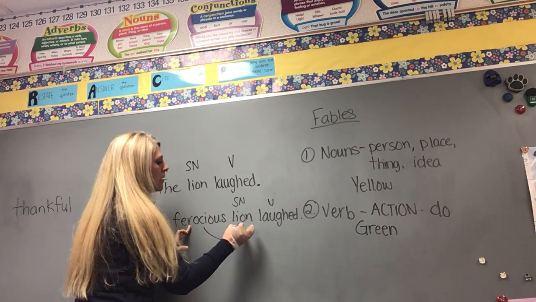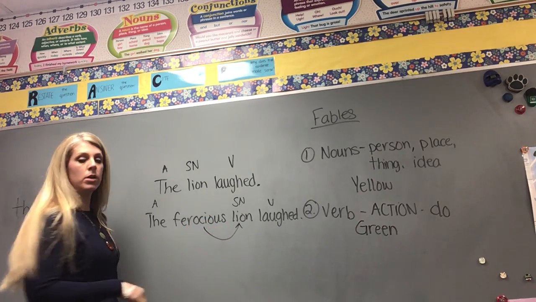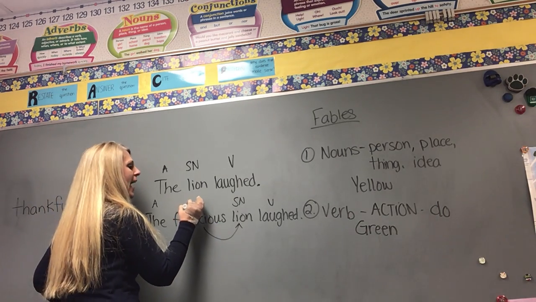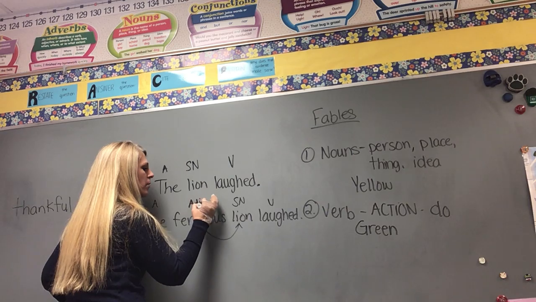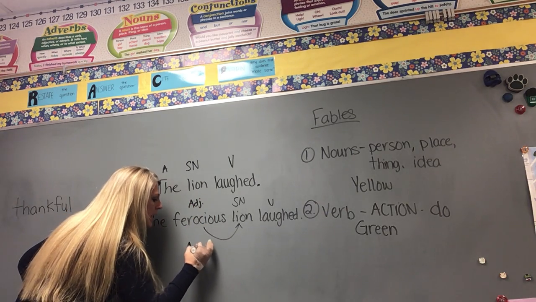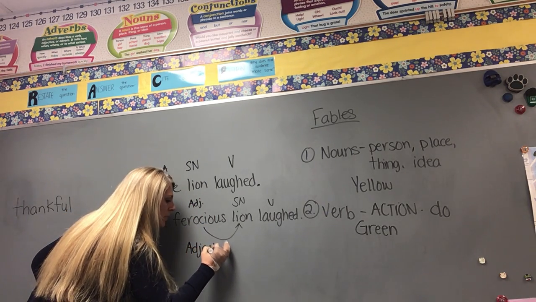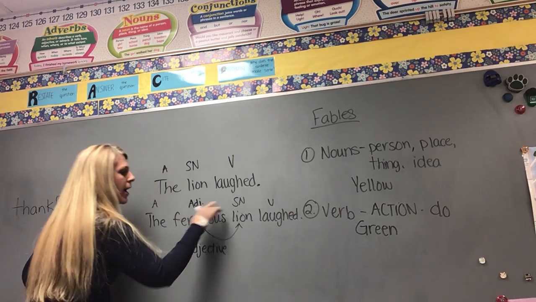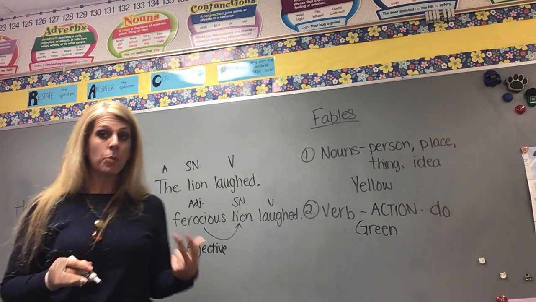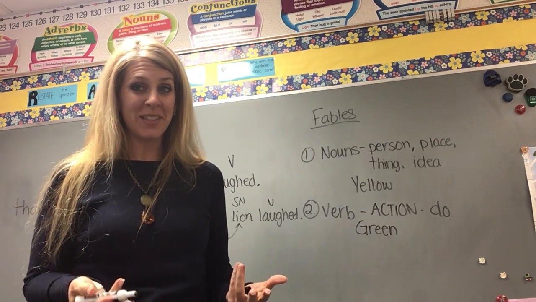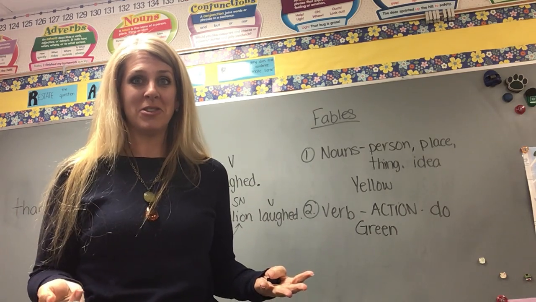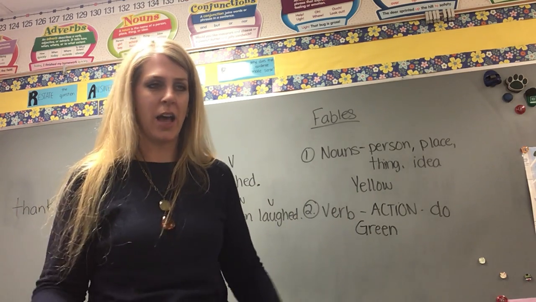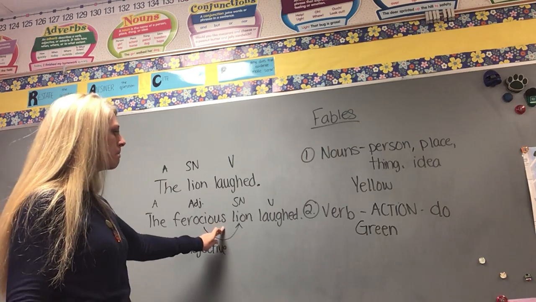Ferocious describes the lion. So we're going to call this one an adjective. ADJ, I'm going to use to abbreviate. It is an adjective. It describes the lion. So by adding that adjective into my sentence, it made it a lot more interesting, right? The ferocious lion laughed. Okay?